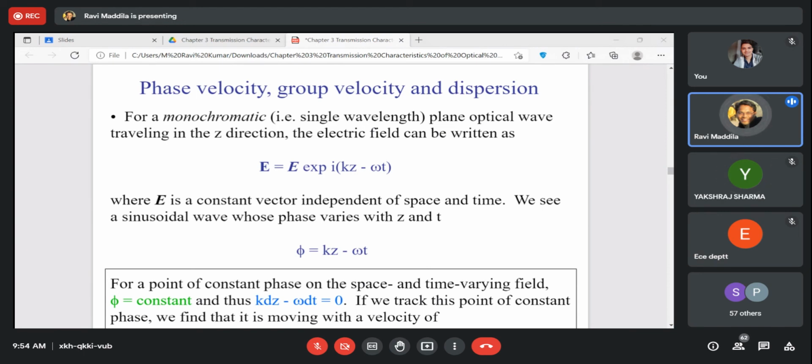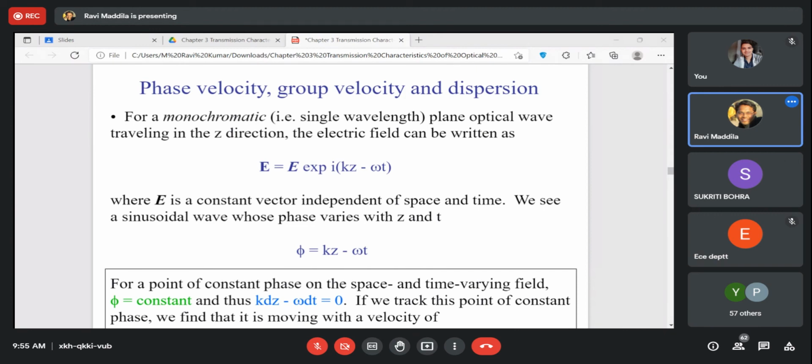Why is it kz and why not k? Yes, Yashraj? Direction of propagation. Yes, you remember well. Z here represents the direction of propagation, and k represents the wave number or wave vector.